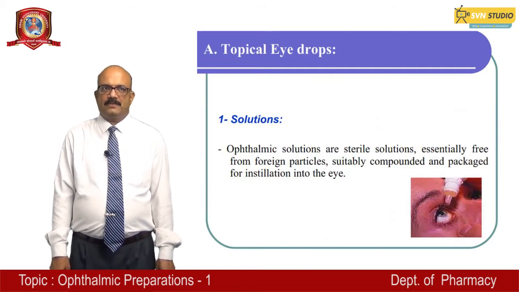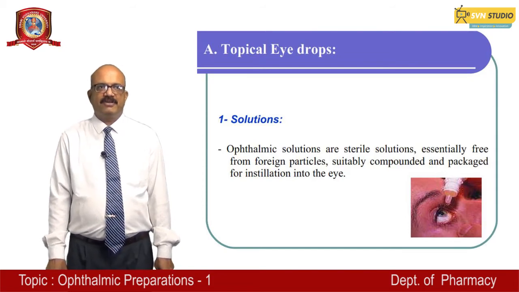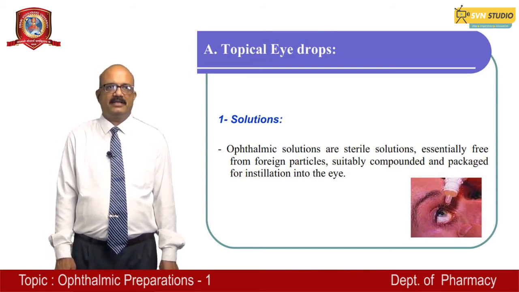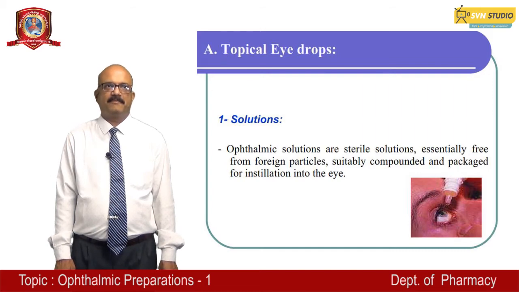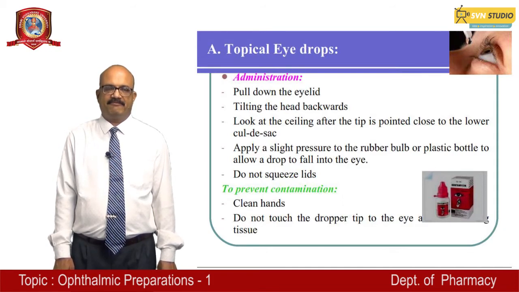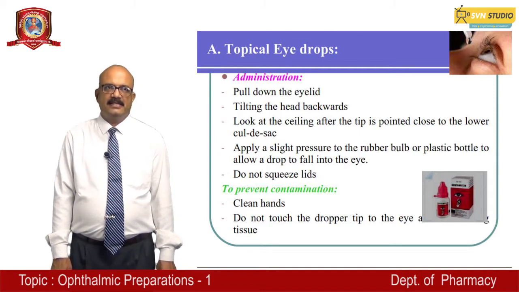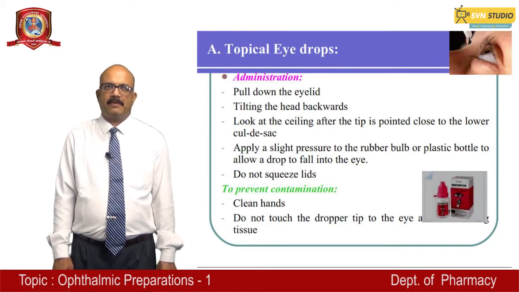Now coming to the topical eye drops, first the solutions. Ophthalmic solutions are sterile solutions, essentially free from foreign particles, suitably compounded and packaged for instillation into the eyes. The method of administration is very common and you might be aware of it, but just to mention it: pull down the eyelid, tilt the head backwards, look at the ceiling, point the tip close to the lower cul-de-sac, and apply slight pressure to the rubber bulb or plastic bottle to allow a drop to fall into the eye.